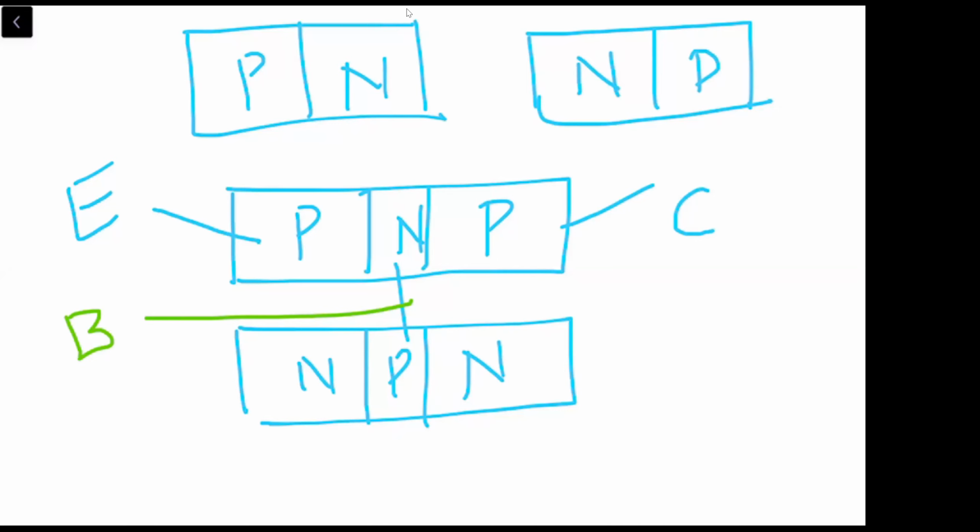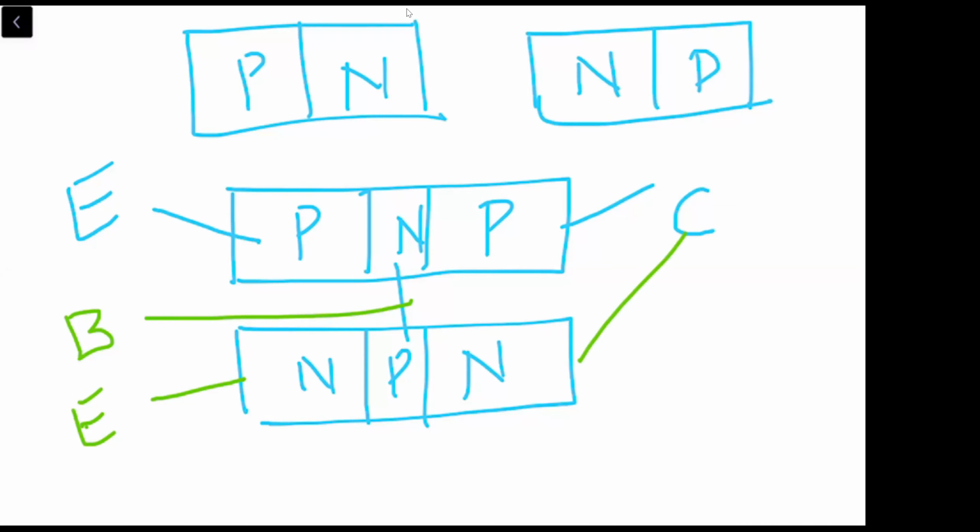So we have the emitter E, which is heavily doped. I can also write here for NPN, the emitter E and the collector C, right? So either we can have a combination PNP, or we can have a combination NPN.